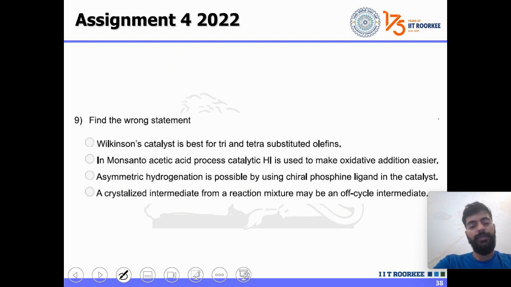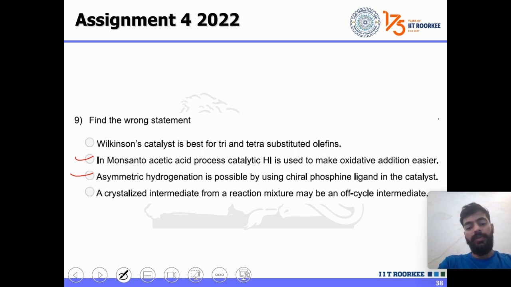Wilkinson's catalyst is best for tri and tetra substituted olefins. In Monsanto acetic acid process, catalytic hydrogen iodide is used to make oxidative addition easier. Yes, exactly. We have seen this in the catalytic cycle. Asymmetric hydrogenation is possible by using chiral phosphine ligand. We have already discussed that amine ligands cannot be used, but phosphine ligands can be used for asymmetric hydrogenation.